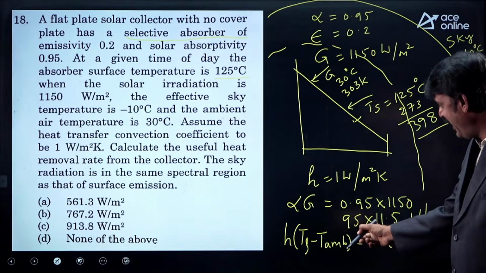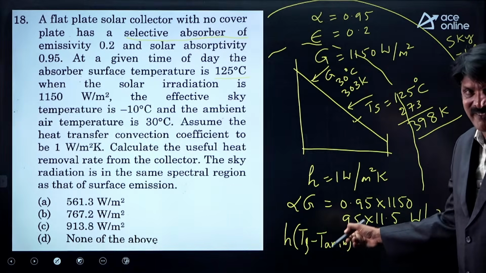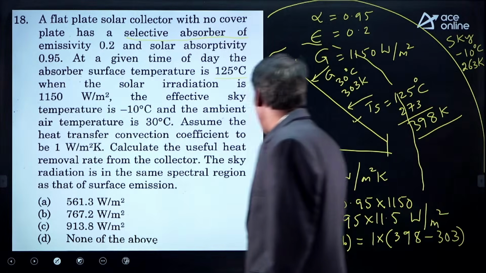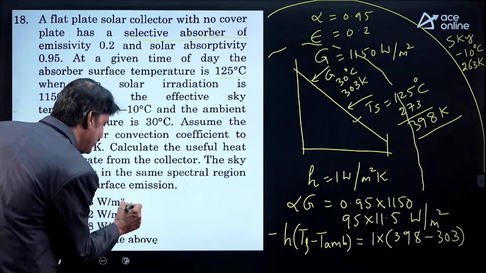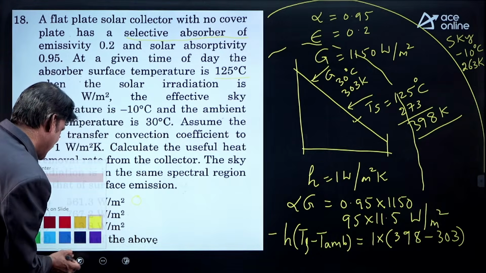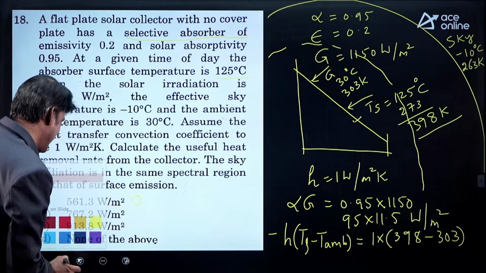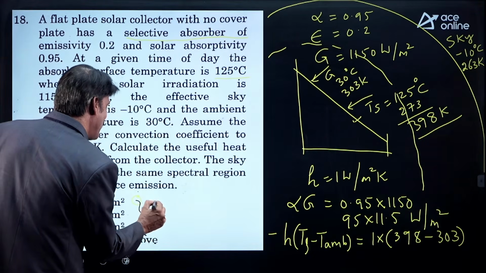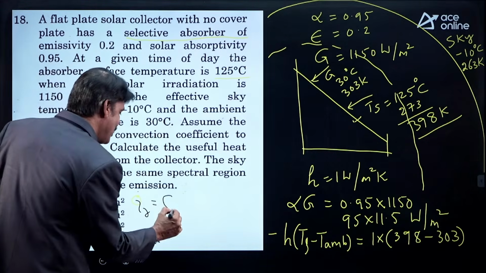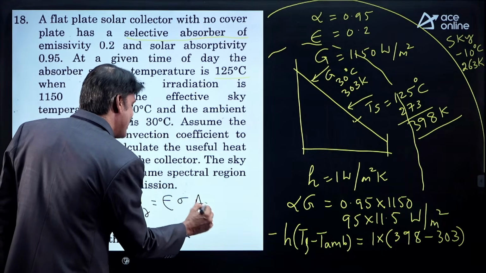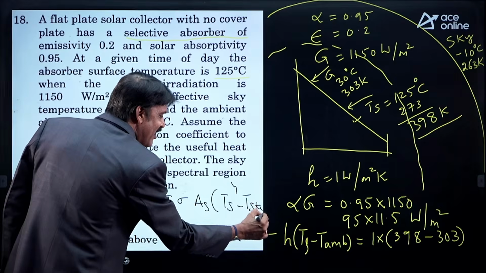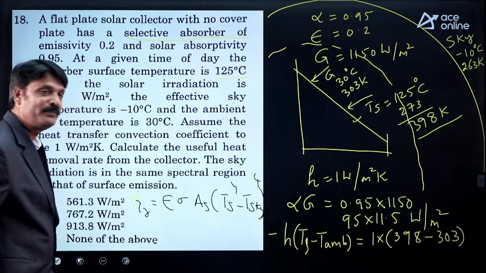This is the amount of heat that is being removed by convection, and the amount of heat loss because of radiation is, say suppose Q dot because of radiation is epsilon sigma As Ts to the power 4 minus Tsky to the power of 4.